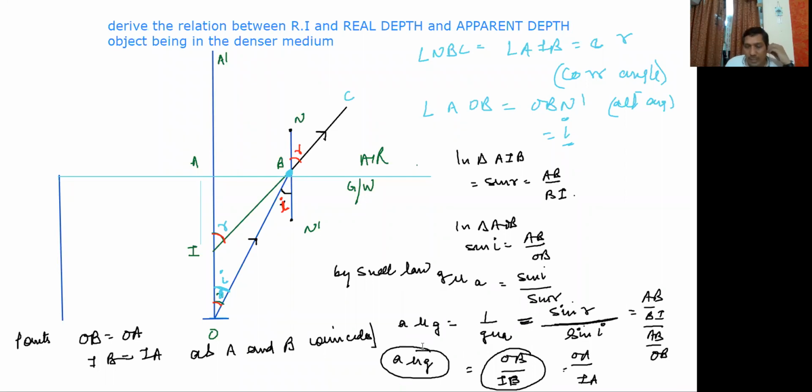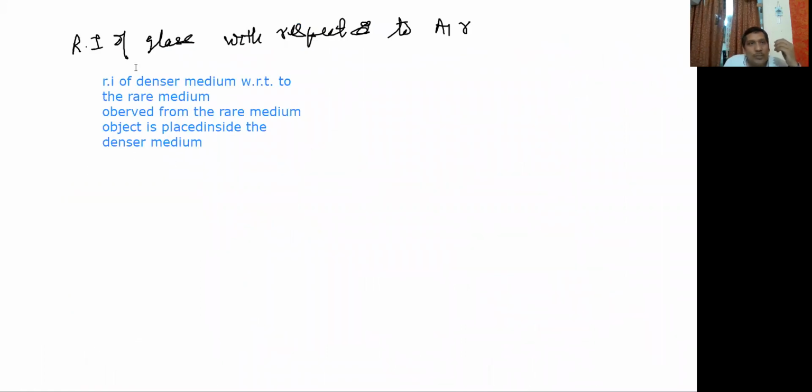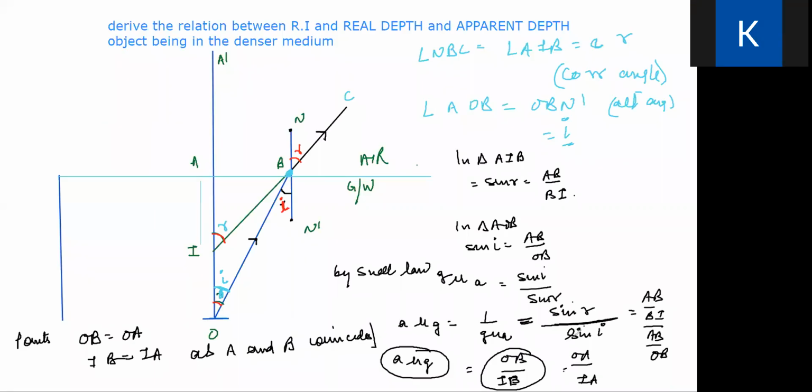A mu G is equal to the RI of glass with respect to air.